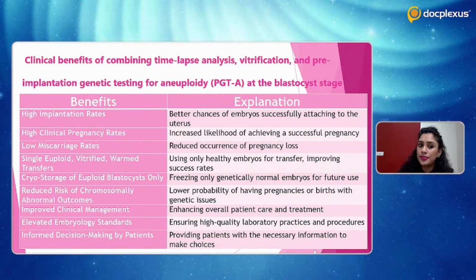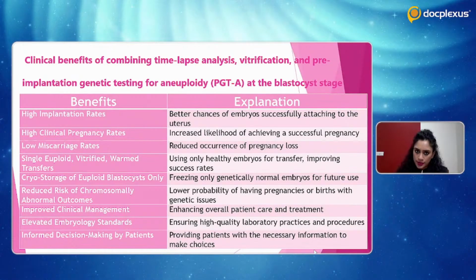And what are the benefits when you combine time-lapse analysis, which is non-invasive, where you're seeing the morphokinetics of the development of the embryo, the vitrification process, and pre-implantation genetic testing for aneuploidy at the blastocyst stage? If you combine all of that, you get a higher live birth rate.